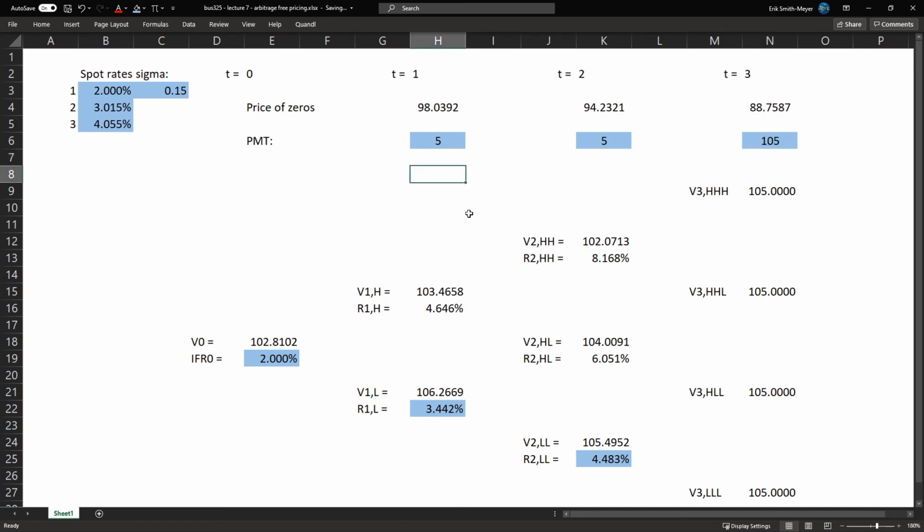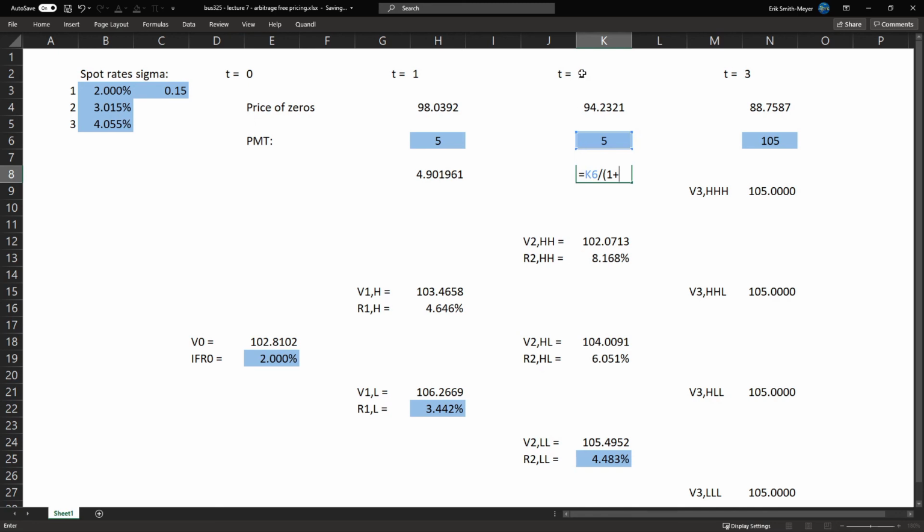But how do you know that 102.81 is the correct price? Well, then we just use the standard method, the discounting of the cash flow, to calculate the present value of these cash flows in the classical way, which means that we just add these time values, and we're going to discount these.